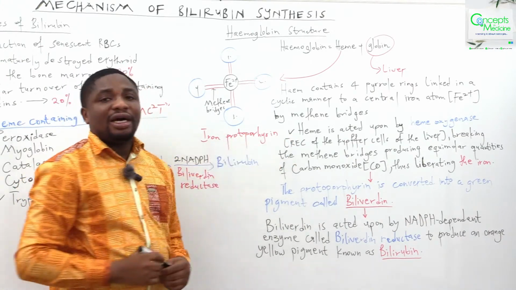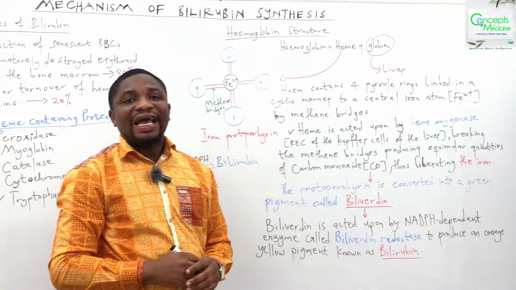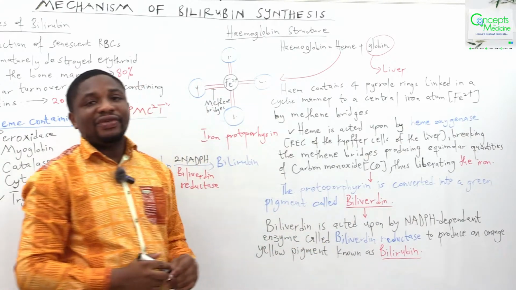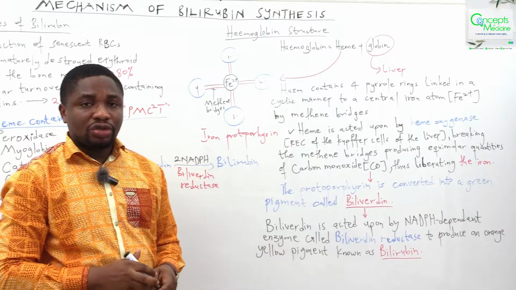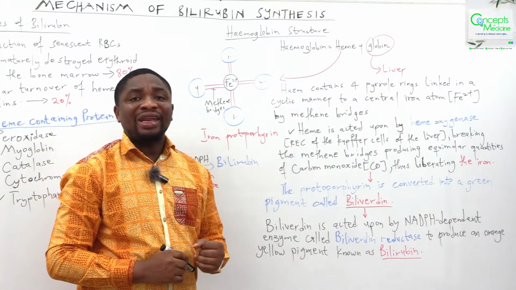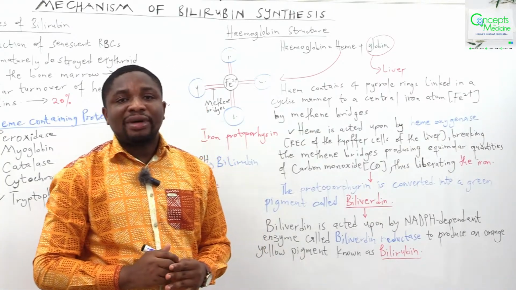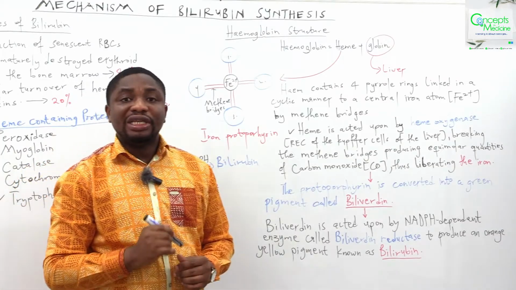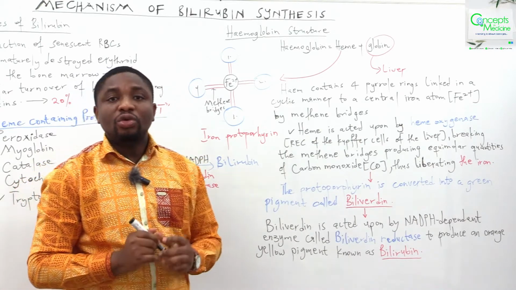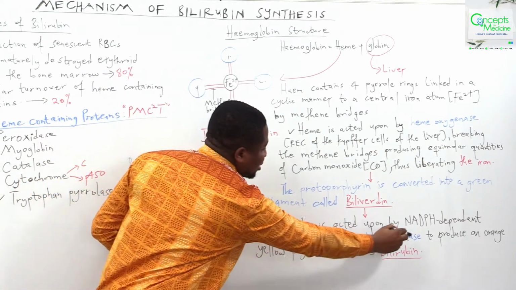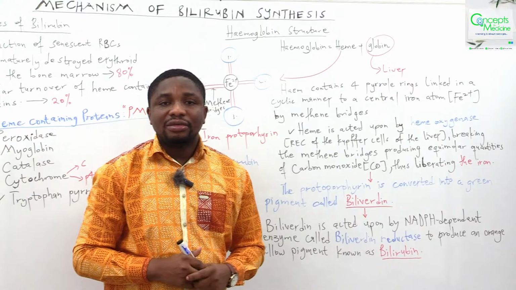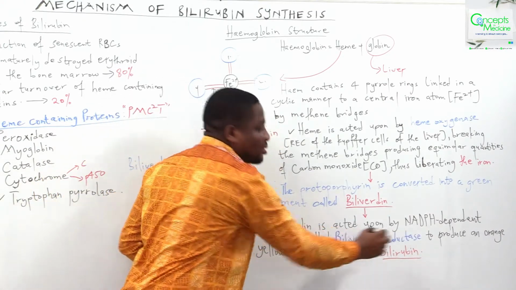The protoporphyrin is then converted into a green pigment we call biliverdin. The biliverdin undergoes a reduction reaction with the help of NADPH, reduced nicotinamide adenine dinucleotide phosphate, using an NADPH dependent enzyme known as biliverdin reductase, to produce an orange-yellow pigment referred to as bilirubin.